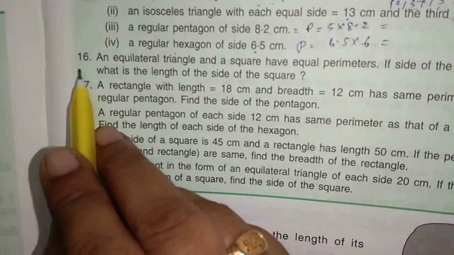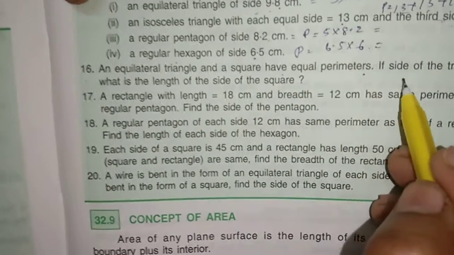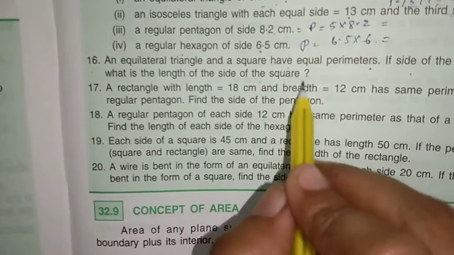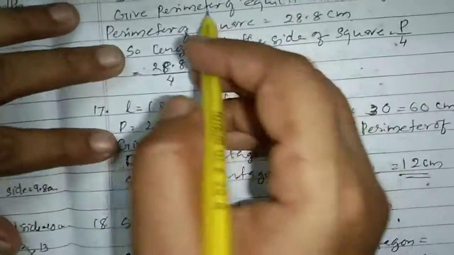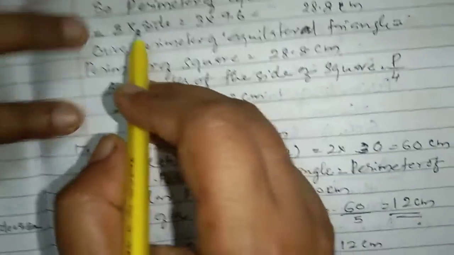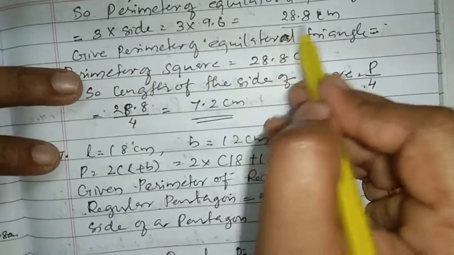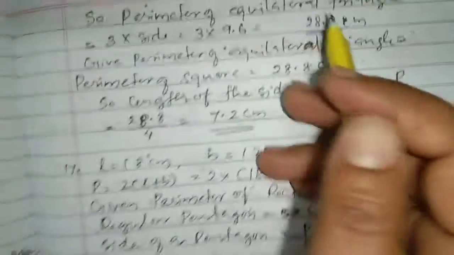Okay, now the 16th one: the equilateral triangle and square have equal perimeter. If the side of the triangle is 9.6, what is the length of the side of the square? Given that the perimeter of an equilateral triangle and the perimeter of the square are equal, and the side of the triangle is given as 9.6, the perimeter of the equilateral triangle is 3 into side. 3 into 9.6, we will get the perimeter of the triangle as 28.8 centimeter.